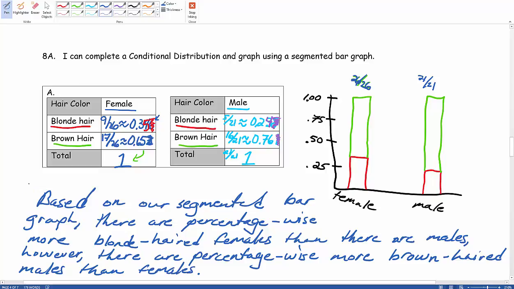So again, this would just be kind of our small analysis based on our segmented bar graph. Again though, that is problem 8A from our target 3.